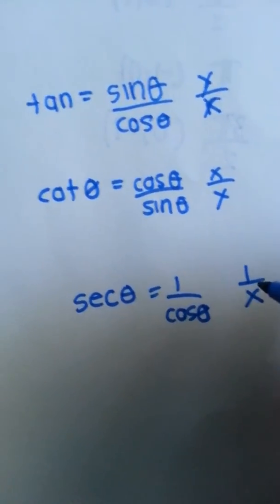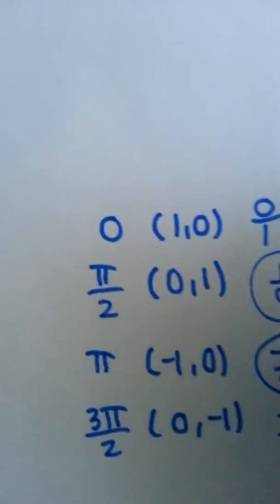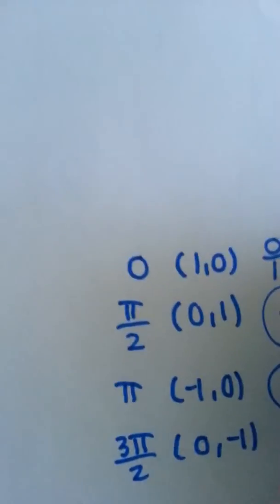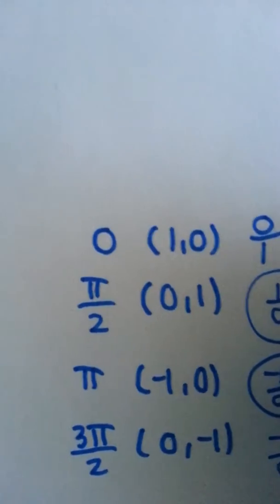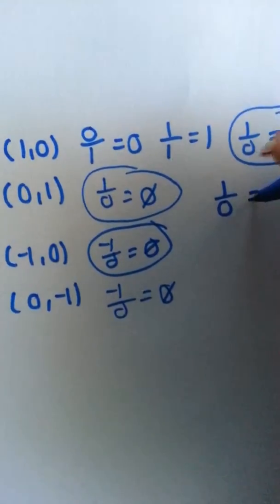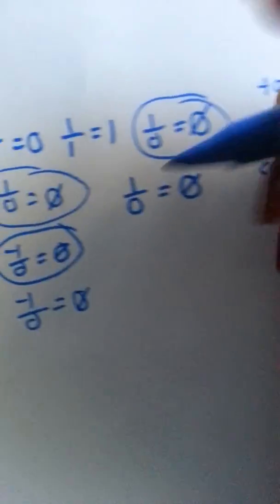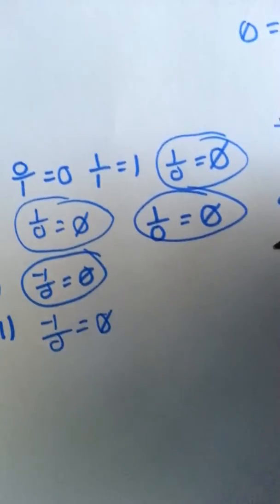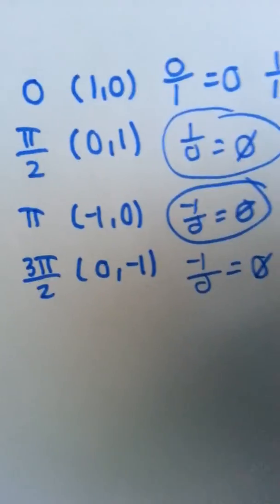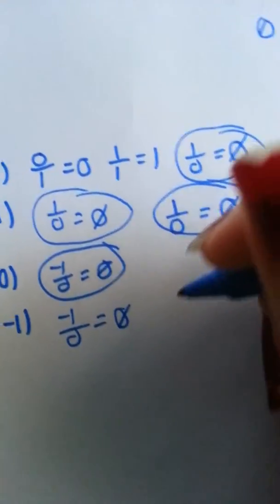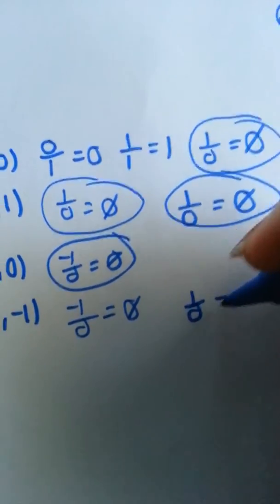And where x equals 0, we're going to have undefined, meaning at 90 degrees, we have 1 over 0, that's going to give us undefined, meaning here we have an asymptote. The same thing happens at 270 degrees, where we're going to have 1 over 0, which is the same as undefined.